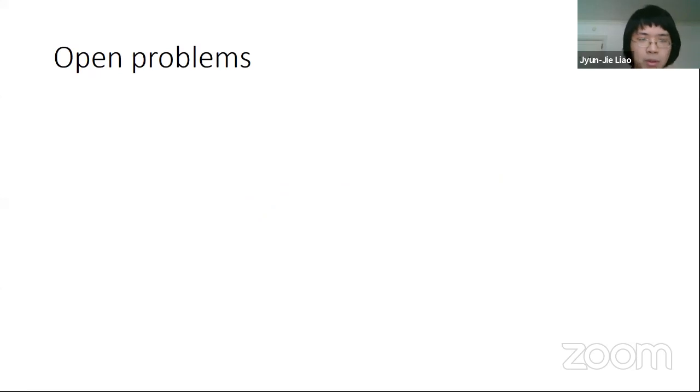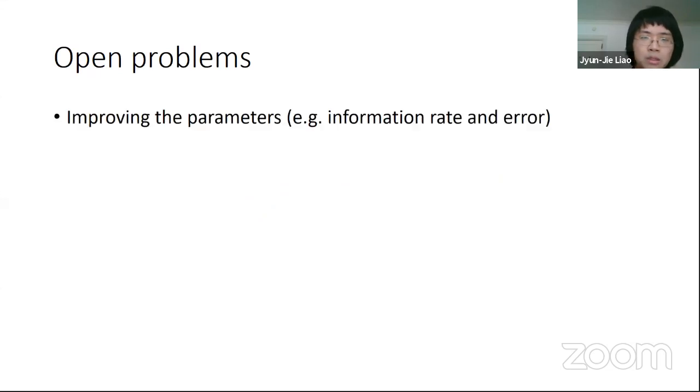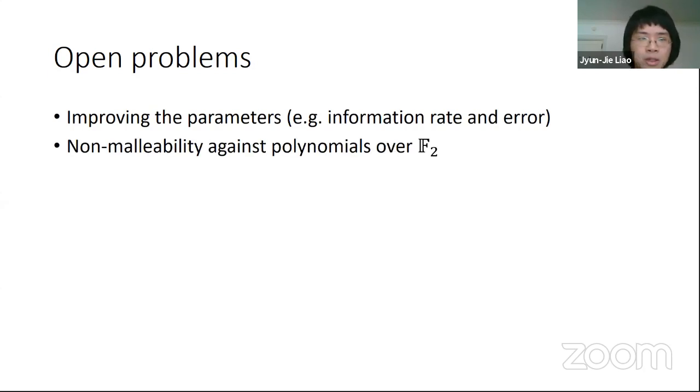Finally, let me show you some open problems. The first one is trying to improve the parameters in our non-malleable code, such as the information rate and the error. The second is to try to achieve non-malleability against polynomials over F_2.